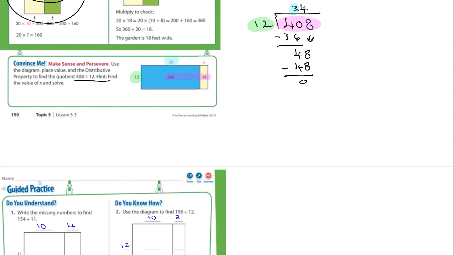And then this right here, that's the 30 because it's in the tens place. What are we looking for? The 4. So that x would be 4. That's the one number that's unaccounted for. So I think that's a good example.